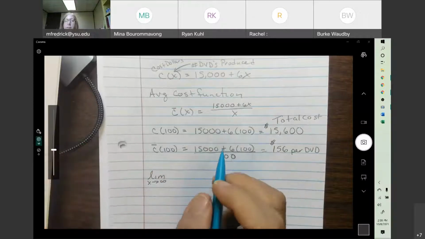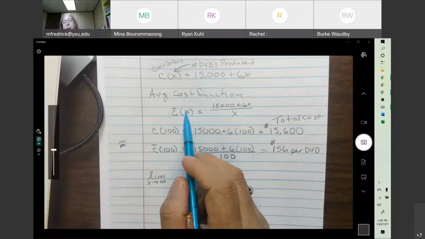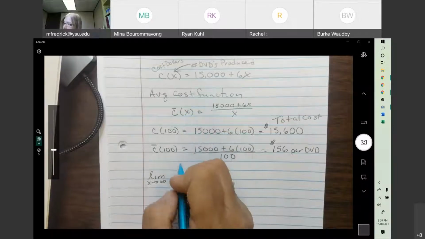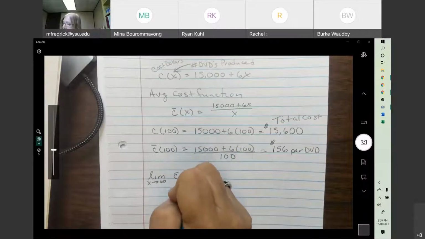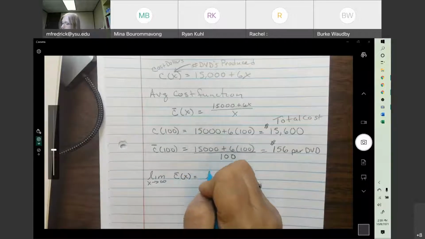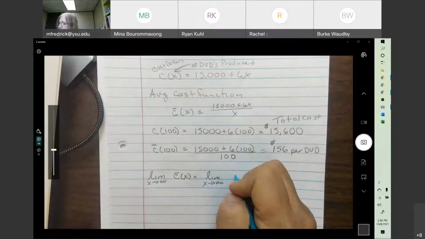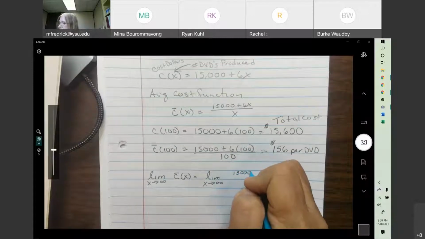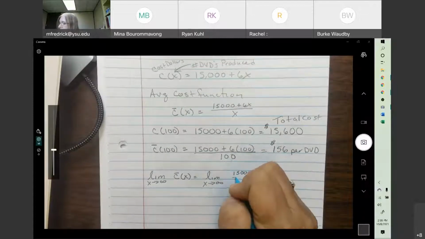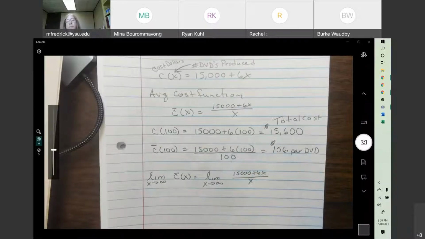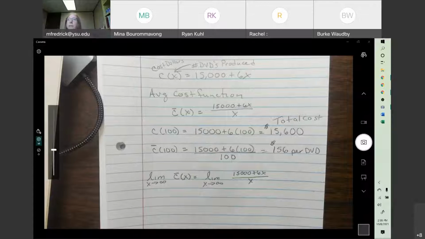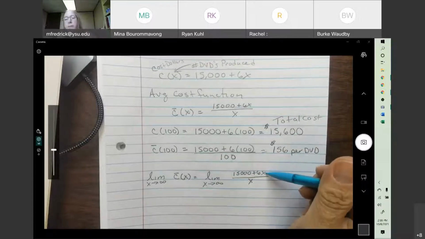Okay, let's find the limit to infinity of the average cost function. Remember, when we're finding limits to infinity, we look at the degree of the top and the bottom. So what would the degree of the top be?